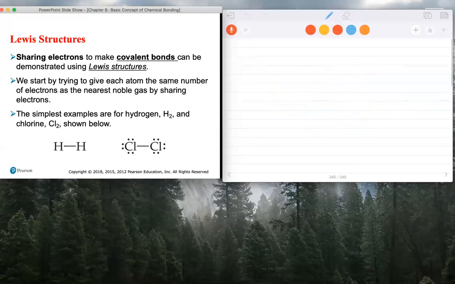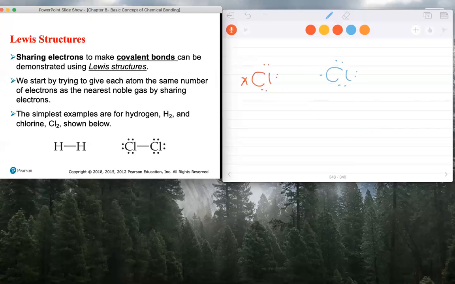For chlorine and any other element, if we have chlorine right here, 1, 2, 3, 4, 5, 6, 7, there is an unshared electron right here. If I have another chlorine here, 1, 2, 3, 4, 5, 6, and then there is an unshared electron right there.